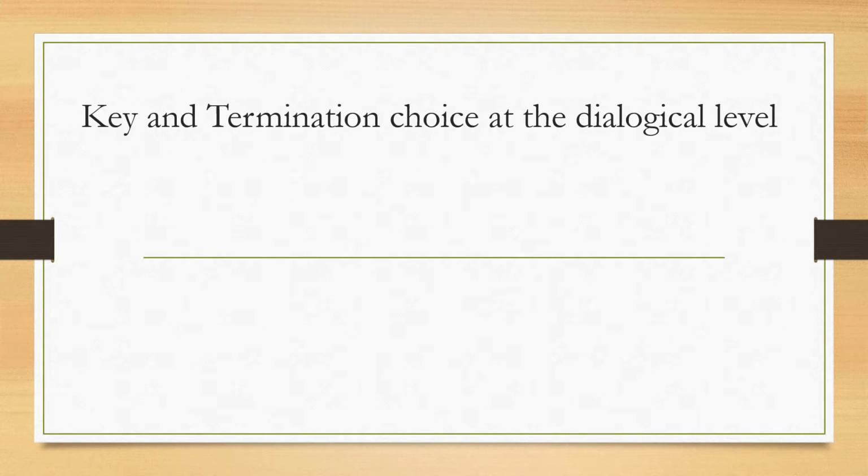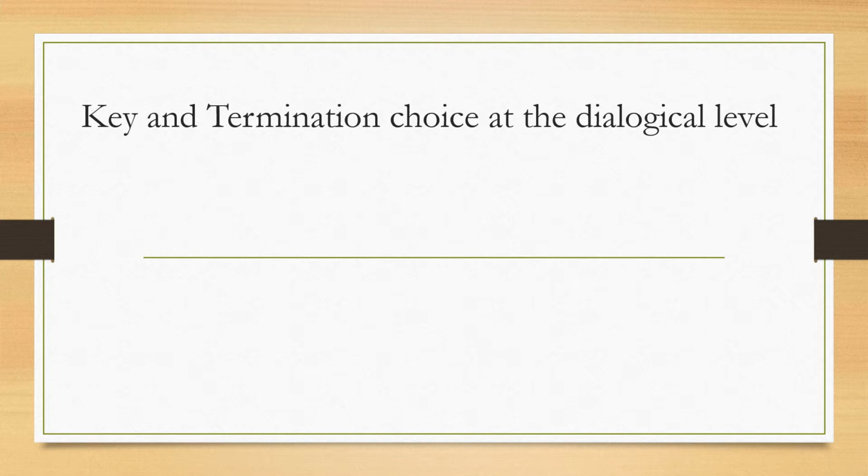But in this case, we're going to discuss not only the concept of pitch level on the onset syllable, that we have called key, but there is another concept that is part of David Brazil's prosodic choice system, and that is the concept of termination.